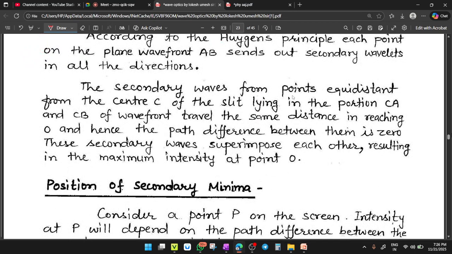The secondary waves from the points equidistant from the center C of the slit, lying on the portions CA and CB of the wavefront, travel the same distance in reaching the point O. Hence, the path difference between them is zero. These secondary waves superimpose on each other, resulting in the maximum intensity at point O.